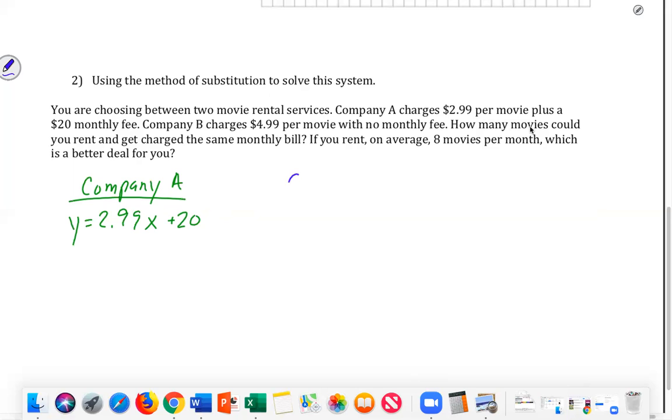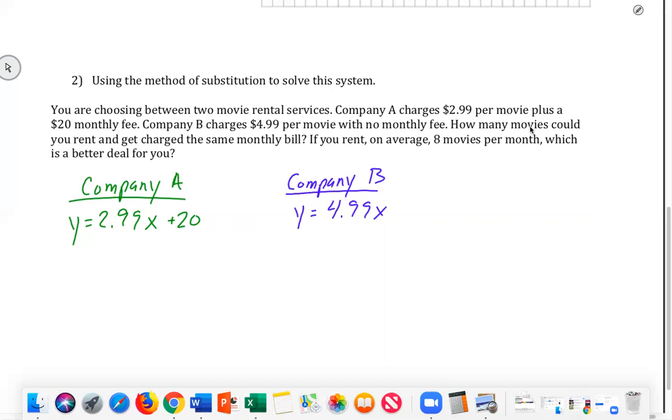Company B charges simply $4.99 a movie with no monthly fee. So it says, how many movies could you rent and get charged the same monthly bill? And then it asks me, which one would be better for 8 movies per month?